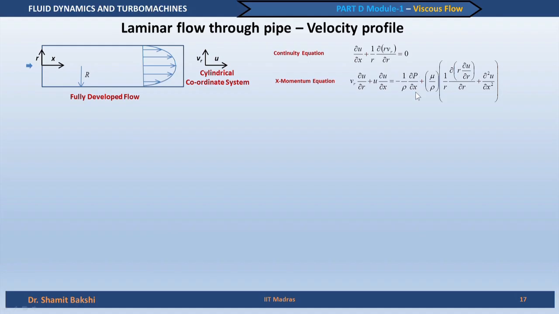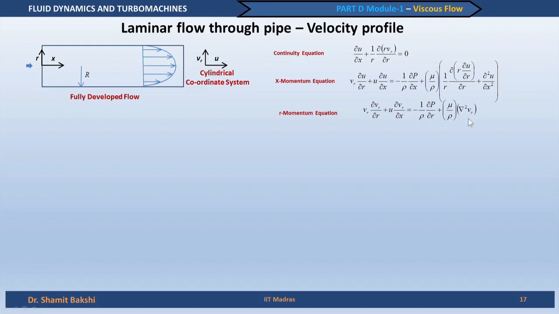The del p by del x term is also there, and this is the viscous term, which is del square of u. If you write del square of u in the cylindrical coordinate system, it will look something like this. The r momentum equation now looks something like this. So, you have Vr del del r of Vr and u del del x of Vr.